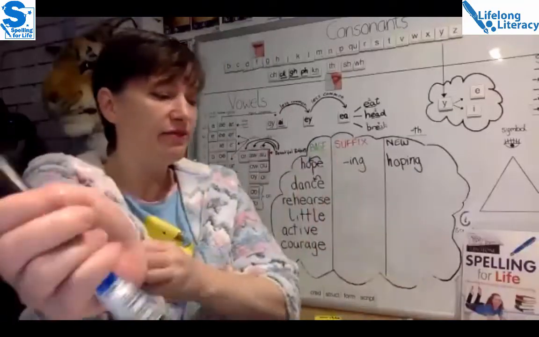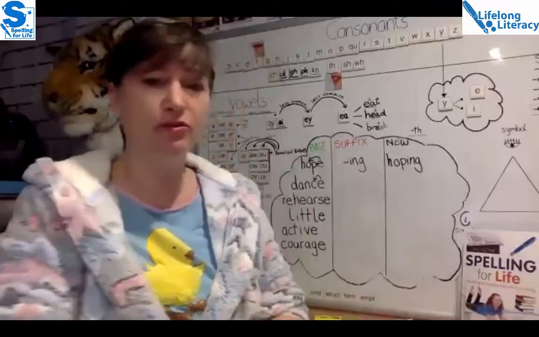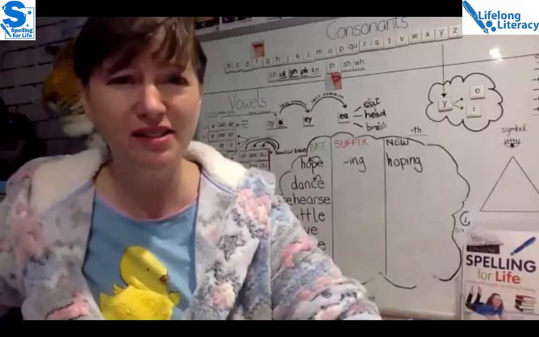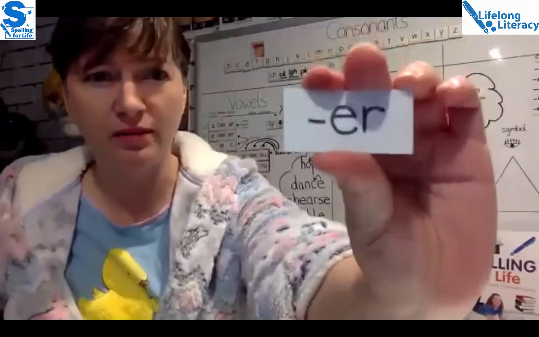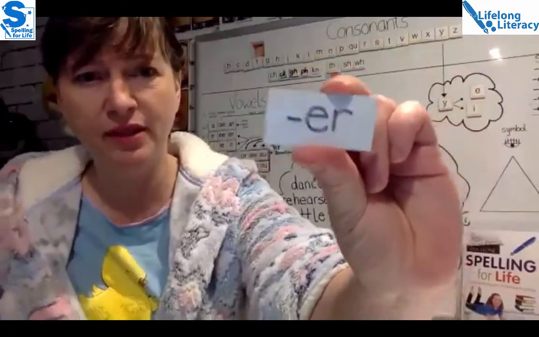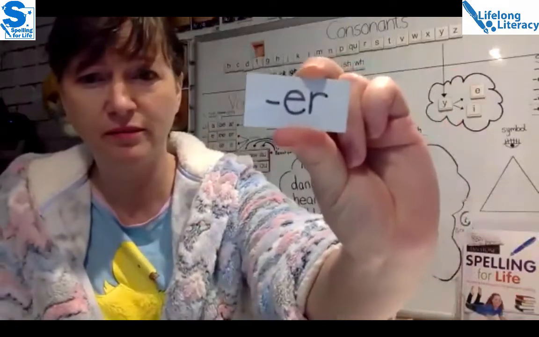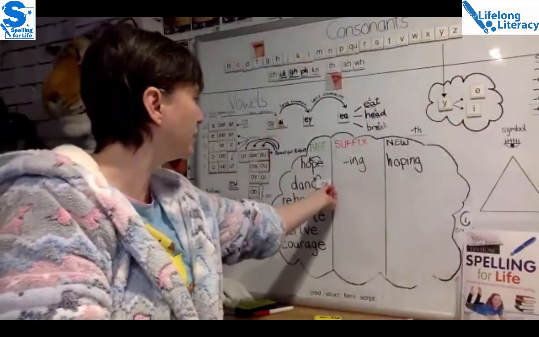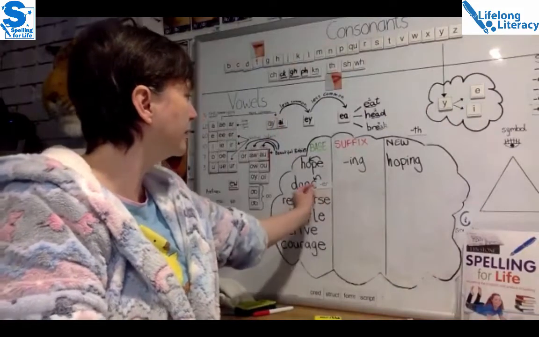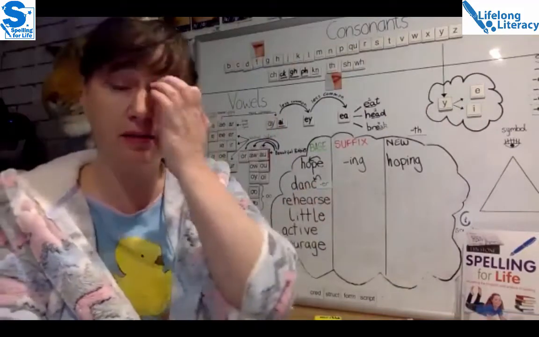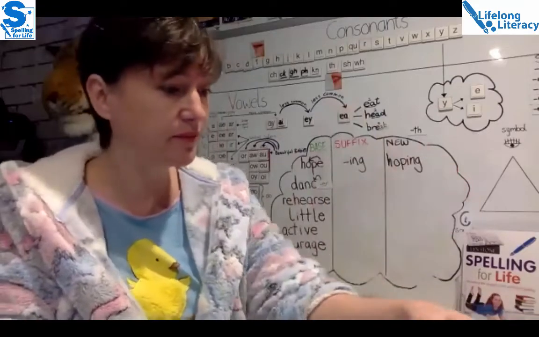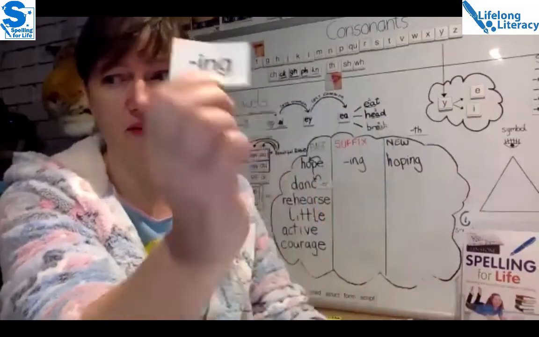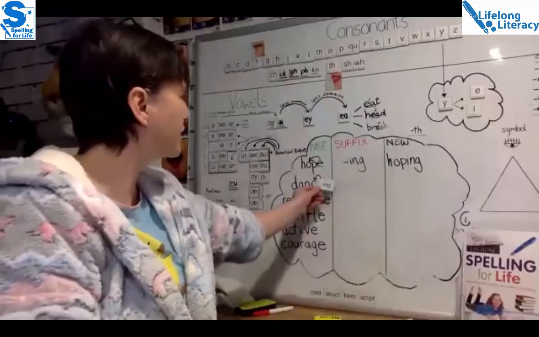But if somebody who dances for a living needs to tell us what they do, they say, I'm a dancer. One who does. I'm a dancer. Is this a vowel suffix? Yeah, it is. So we would replace the final silent E. Dancer. You see how that works? Same with this. Is this a vowel suffix? Well, yes, I think we've established that this is a big, strong vowel suffix.